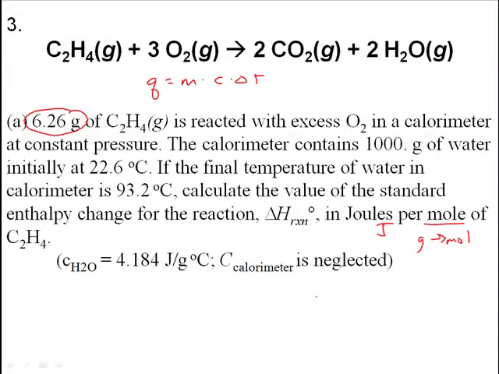So the water's temperature goes from 22.6 up to 93.2. So the water temperature is going up. So that means it must be absorbing heat. So it's going that way. The direction of heat is going from this to this. So the water is absorbing the heat. It's positive. This is losing the heat to the water, so its delta H is negative.